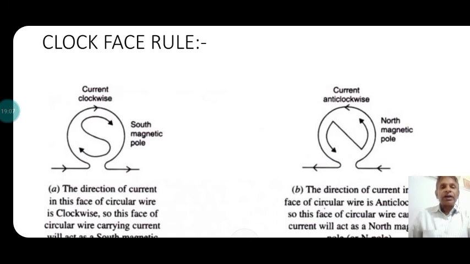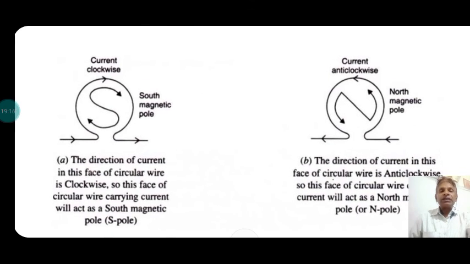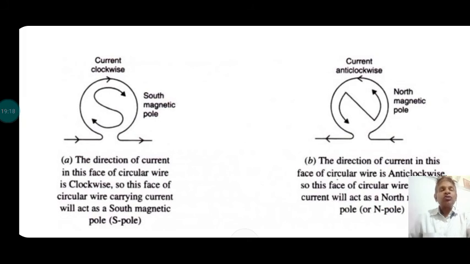If the direction of current in the face of the circular wire is clockwise, this face of the current carrying conductor will act as a south pole. If the direction of current in the face of the circular wire is anti-clockwise, the face will act as a north pole.